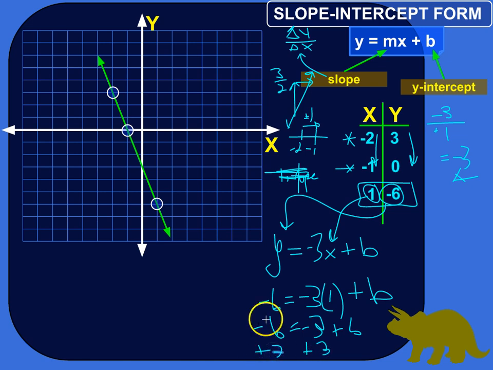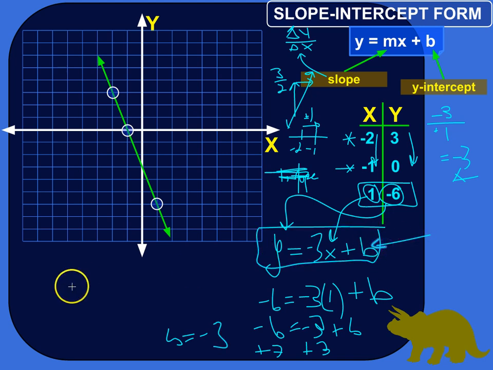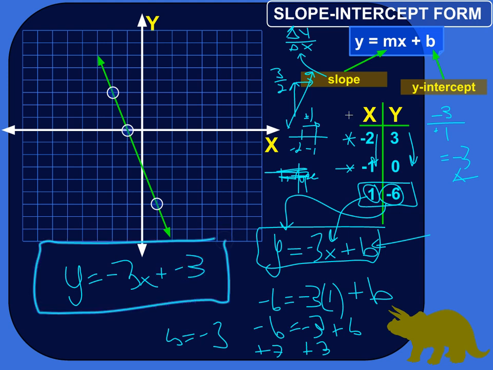So -6 plus 3 is -3. So b equals -3. Now I go back to the equation as I had it so far, and I put in that missing piece of information. So my equation now is y equals -3x plus -3. Now I've got an equation in slope-intercept form, y equals mx plus b, for this data set.